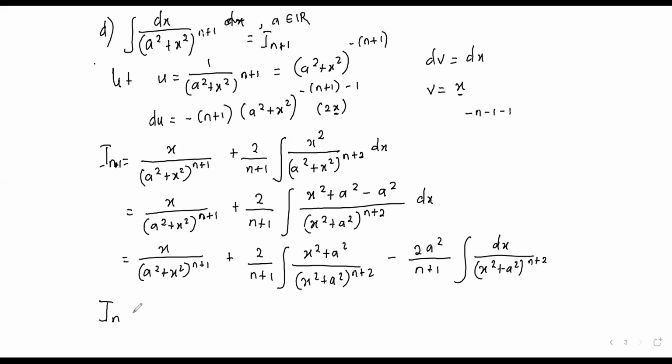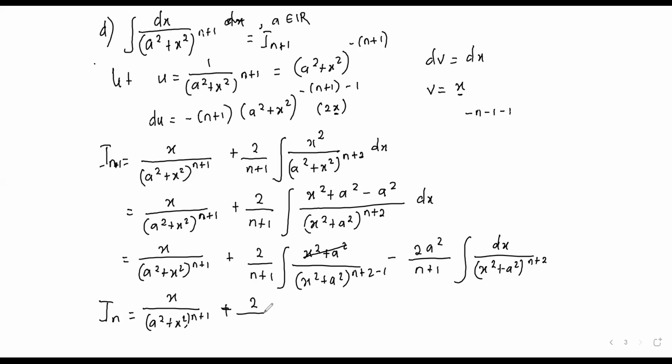So this guy is equal to this, n plus 1. And then if I want here, I have this guy. So this will reduce this by 1.